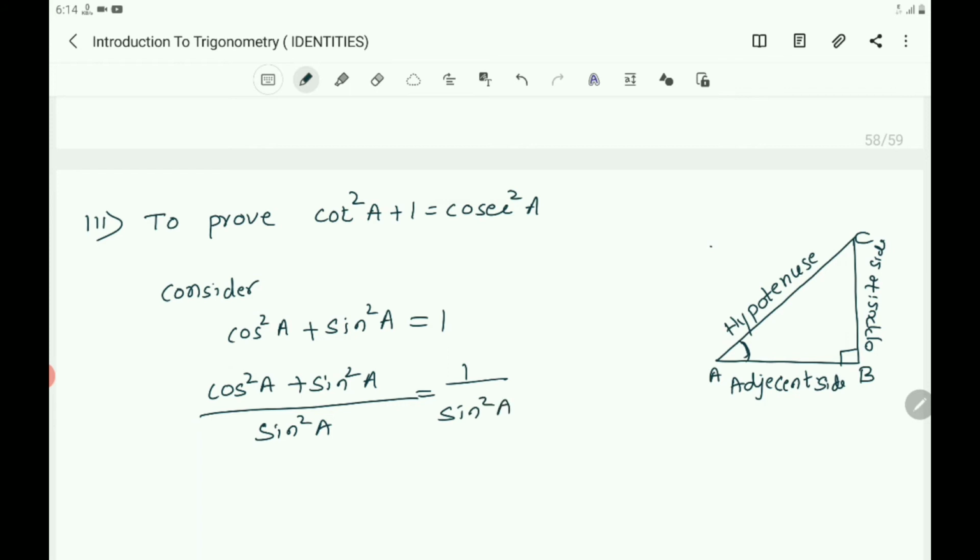Here what you have done? Dividing LHS and RHS by sin square a.